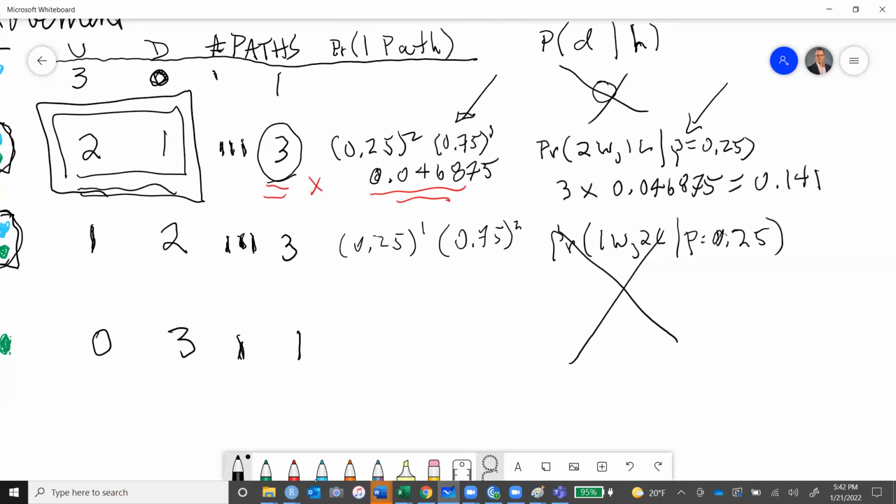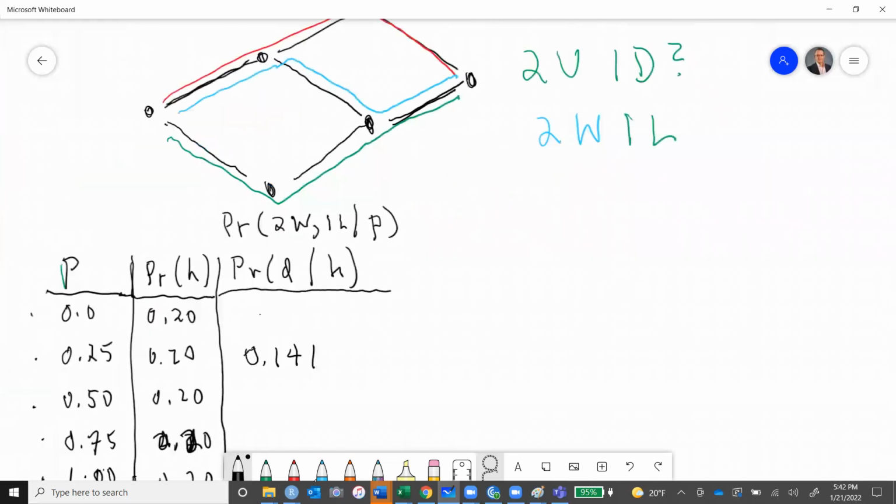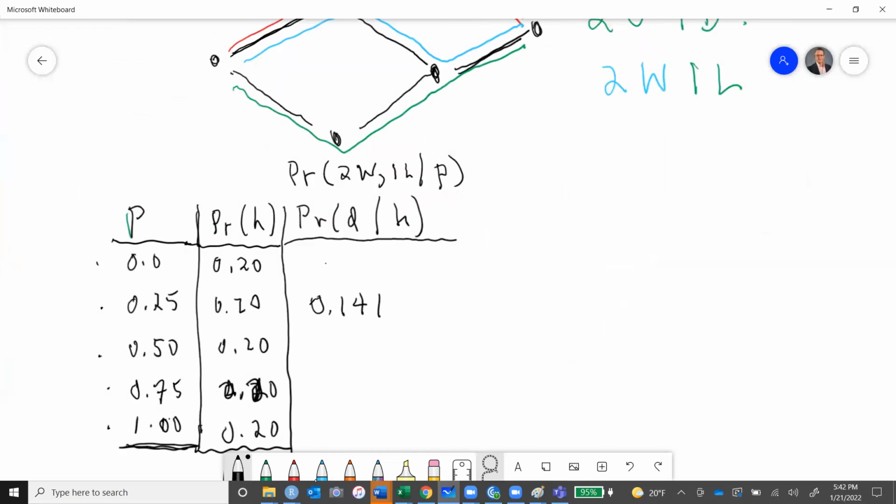different values of P. Well, the first value of P will be 0 raised to the second power times 1 raised to the first. Well, that's going to be 0. That's going to be easy. We'll just go straight over here. 0 down. And it's going to be the same down here. Why? Because the number of ups will be 0 instead of the number of downs.